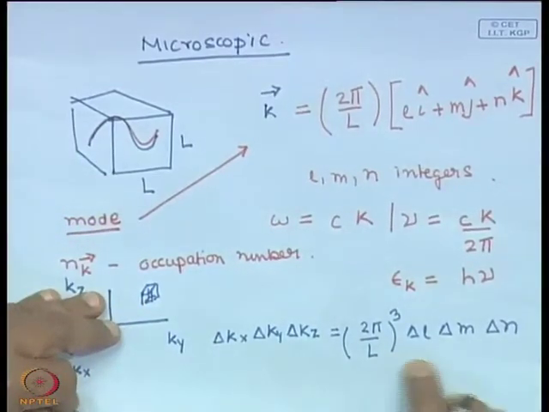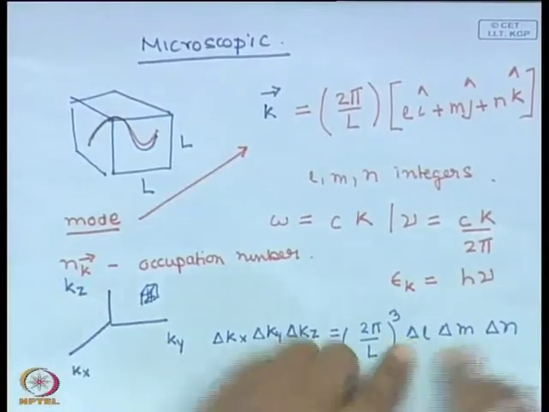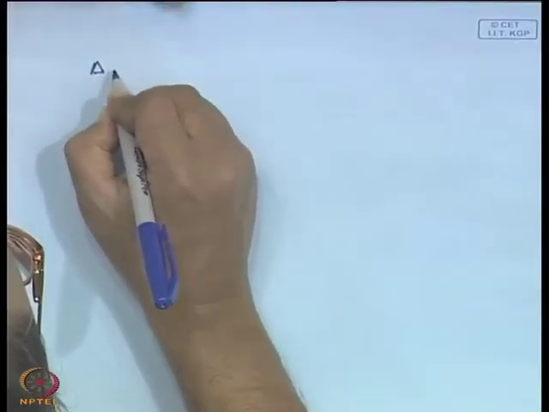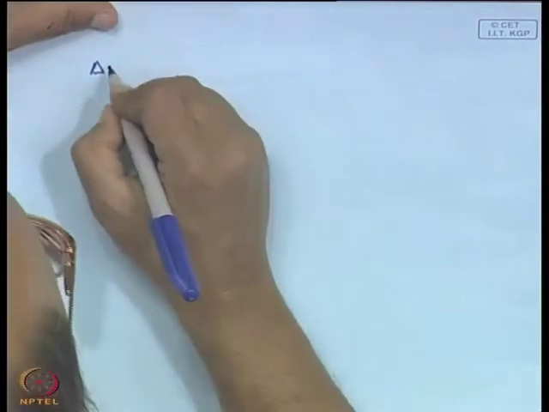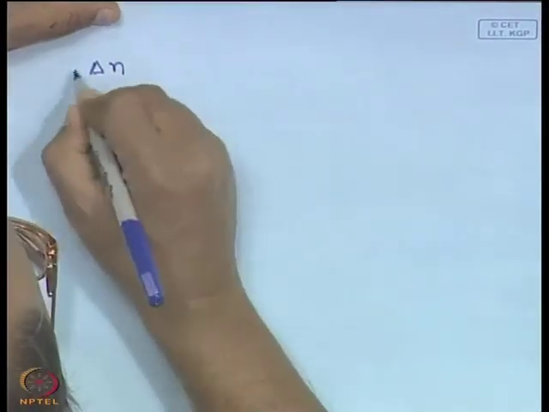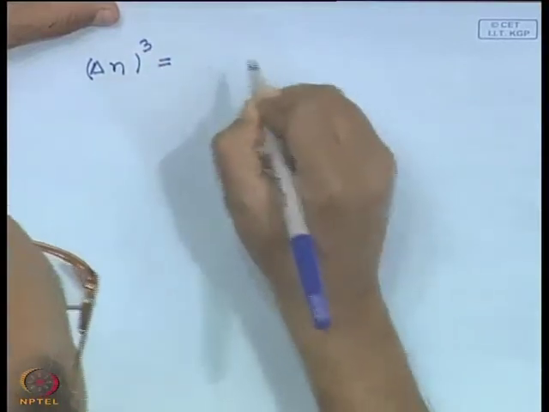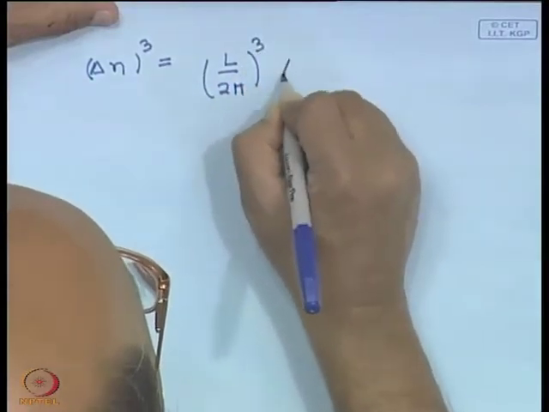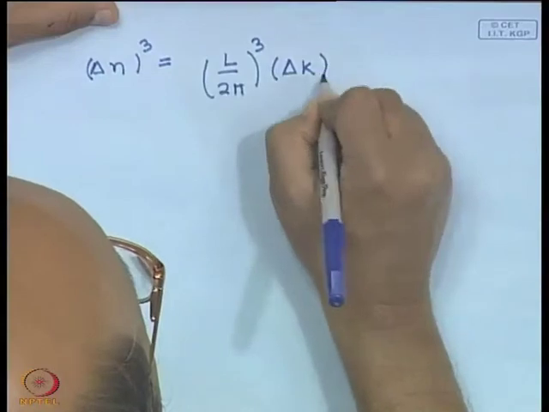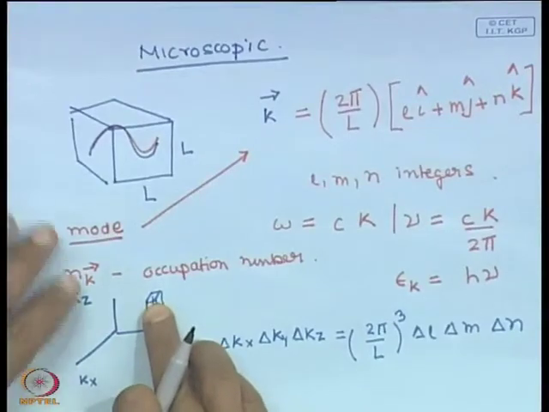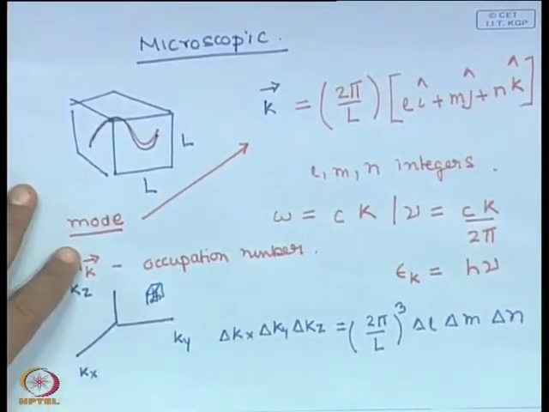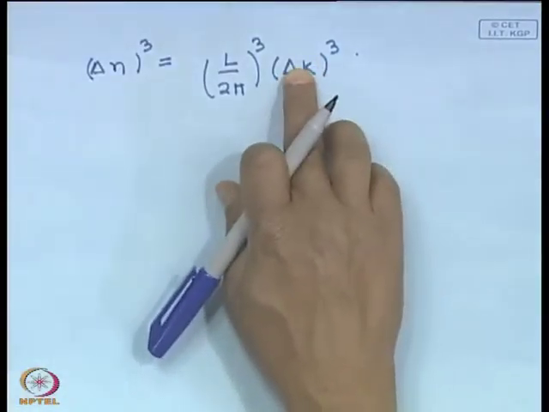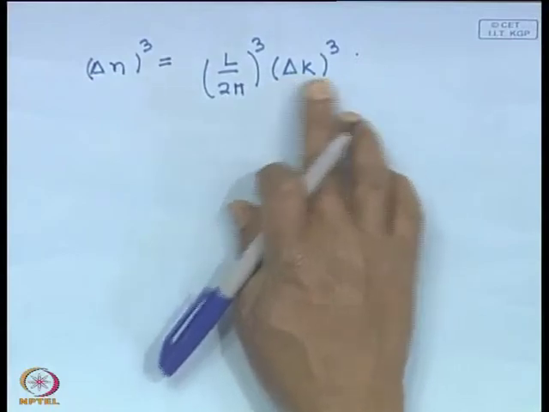So, the number of modes in this volume element in this space of wave vectors, delta k cube, it is delta kx, delta ky, delta kz.